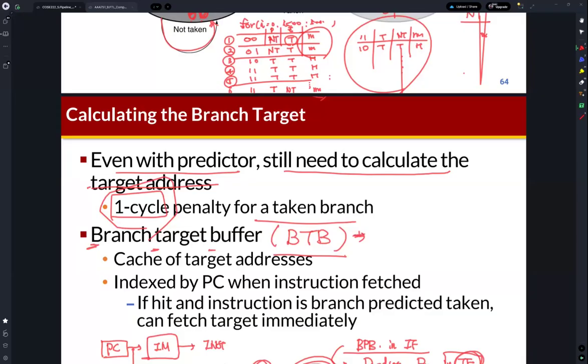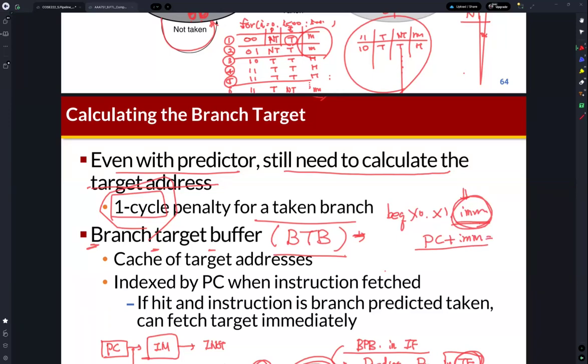Think about this: BEQ X0, X1, and immediate. We can calculate the target of this branch instruction as PC plus immediate. This immediate number is included in the instruction, so this is a static value.